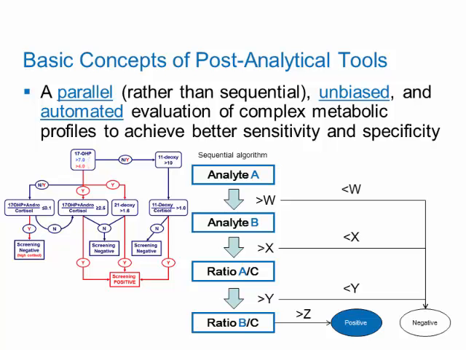The insert shows an actual sequential algorithm of comparable complexity, one that applies to the combined interpretation of 5 steroids measured as part of a newborn screening second-tier test for congenital adrenal hyperplasia. The most useful marker from a diagnostic perspective is a calculated ratio, the sum of 2 precursors, 17-hydroxyprogesterone and androstenedione, divided by the end product of that biosynthetic pathway, cortisol.